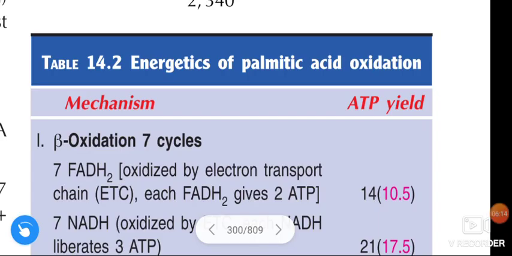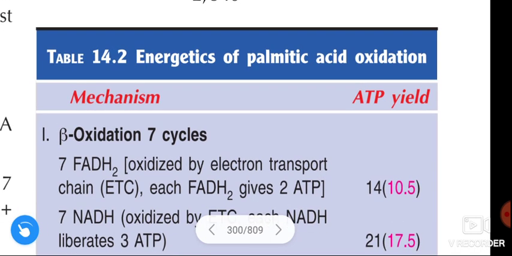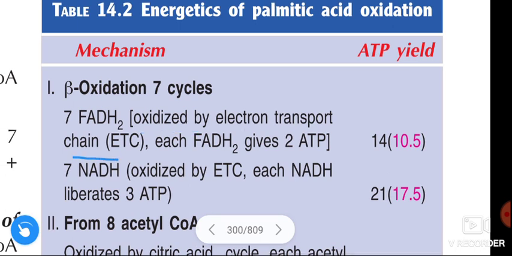This table gives the information about the energetics of palmitic acid oxidation. The complete oxidation contains 7 cycles. 7 cycles give 7 FADH2 and 7 NADH. These 7 FADH2 are oxidized by the electron transport chain and yield 10.5 ATP.